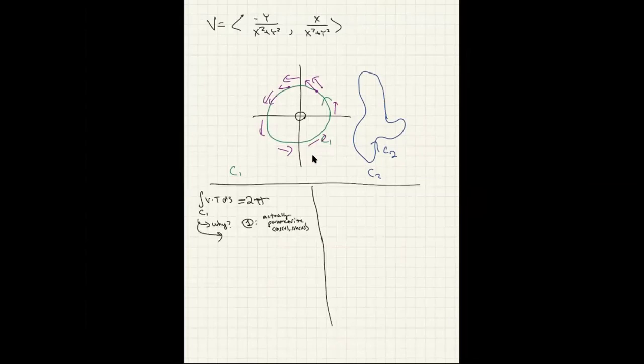A second way you could see it, method 2, is you could actually use the fundamental theorem of calculus. You can parse up the domain. You can say that the curve goes through this piece plus, okay, I gotta be really careful with how I write this, okay, plus this piece.